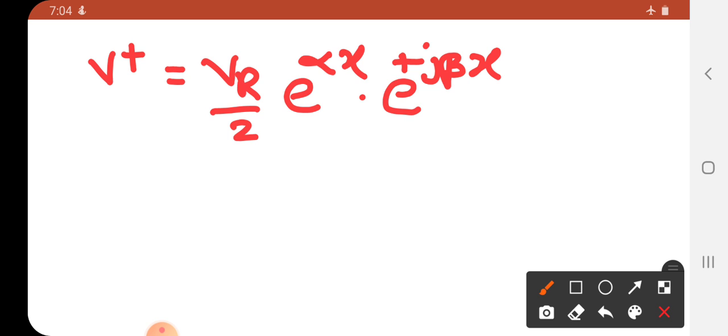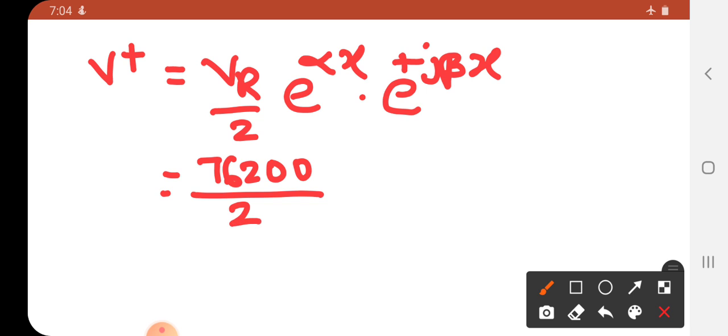Therefore you substitute all these values. So VR is 76,200 by 2 into e power alpha.